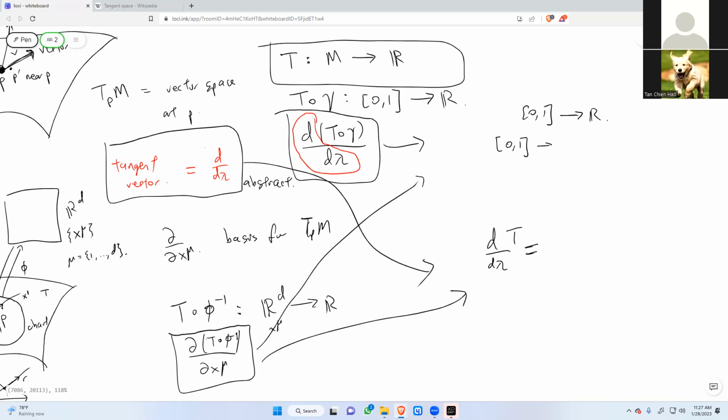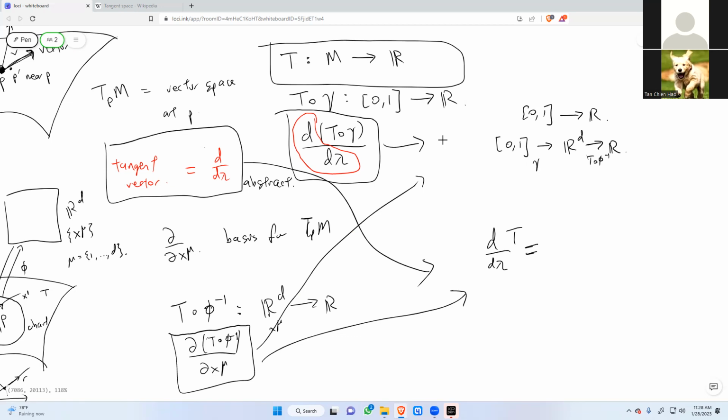We can add an intermediate step that brings it to R^d to R. And this map over here is T of this, and this map over here is T of gamma. So the overall map, oh wait, no, this is wrong. And this is the coordinate representation, which means that it is something's fishy over here.